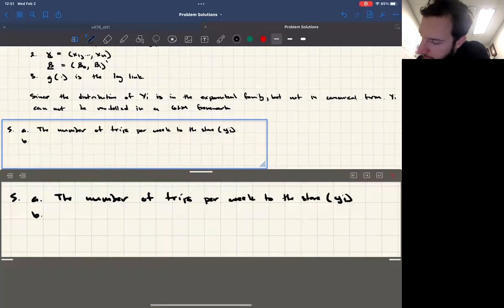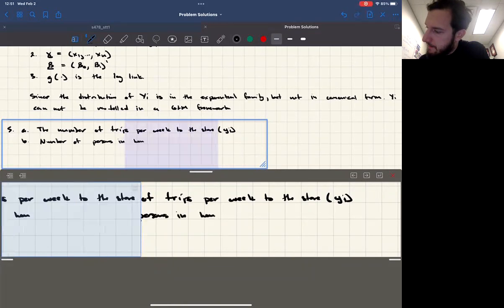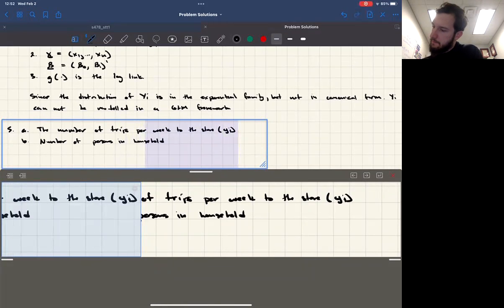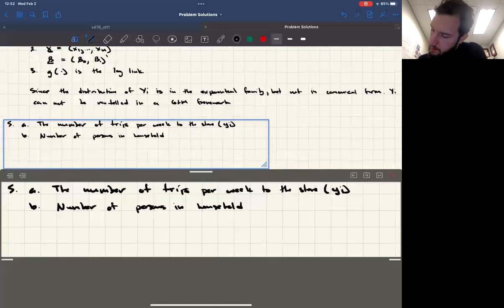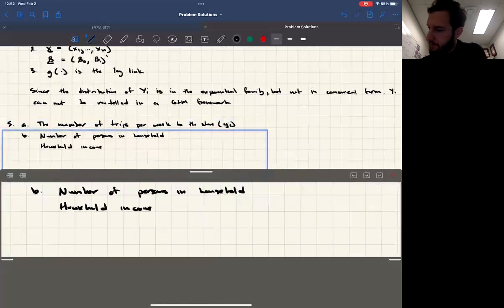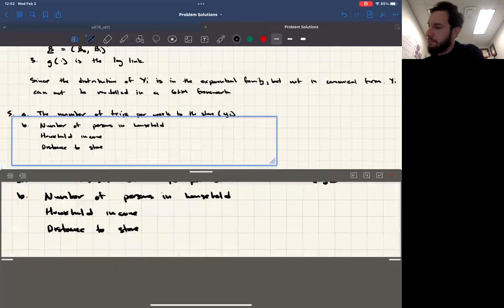So then we have number of persons in household, household income, and distance to store.